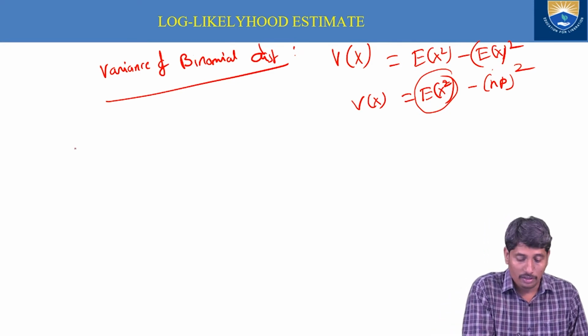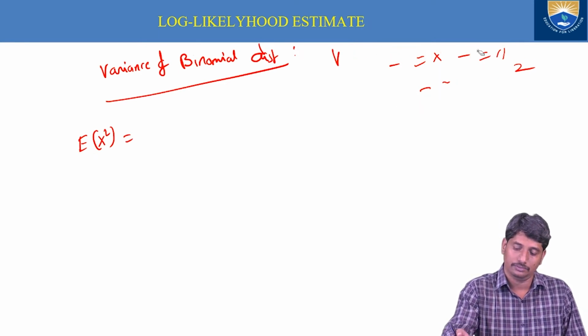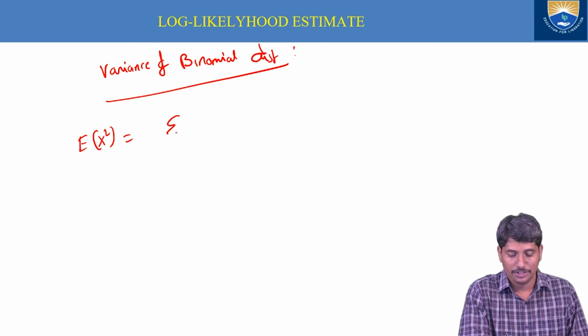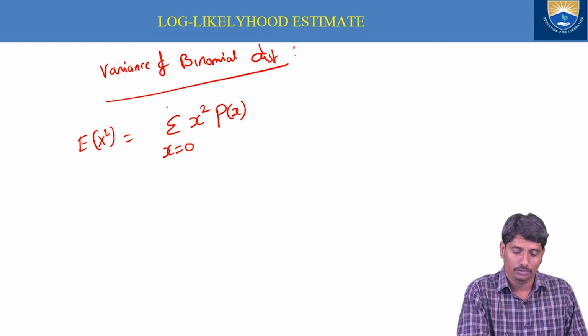So I am going to calculate E of x square as summation x square into p of x, x is equal to 0 to n.